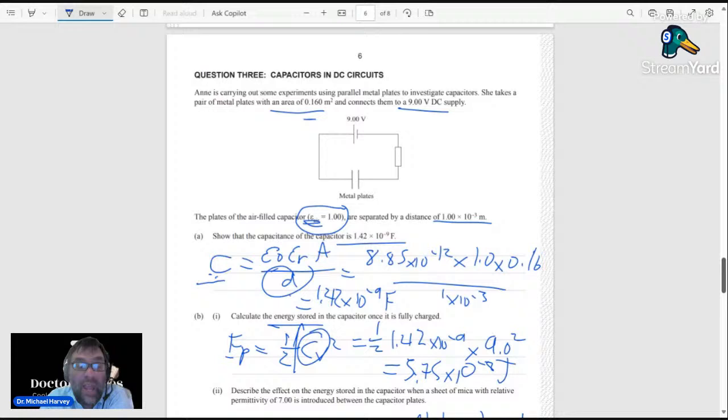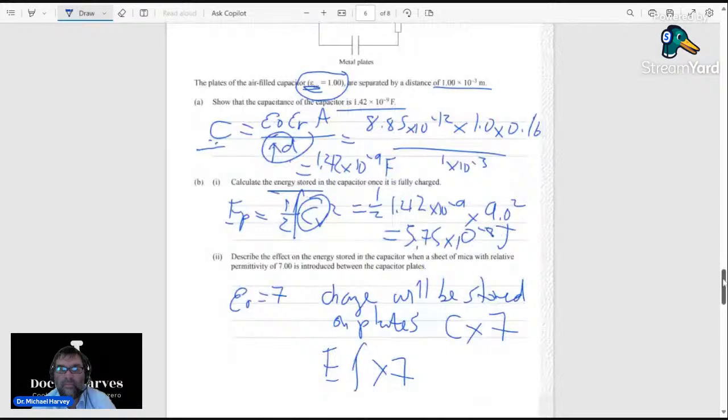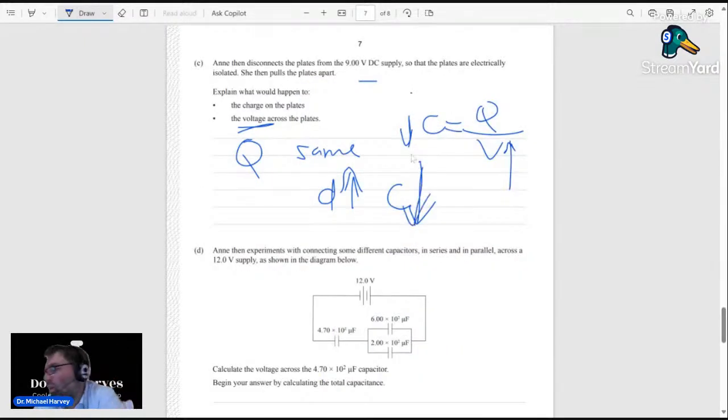As the distance between the plates increases, it's an inverse relationship, so the capacitance goes down. Then because capacitance equals the charge divided by the voltage, as the capacitance goes down and the charge stays the same, the voltage, because it's an inverse relationship, goes up. Okay.